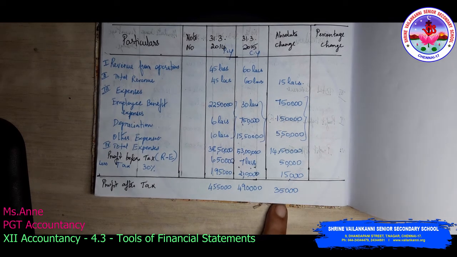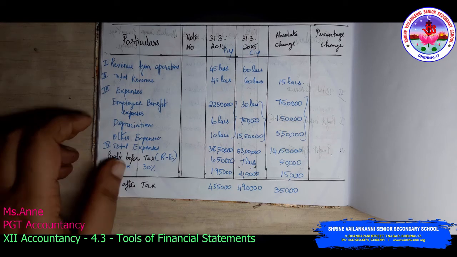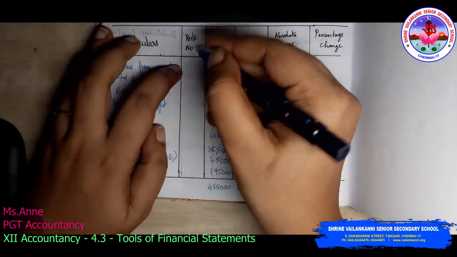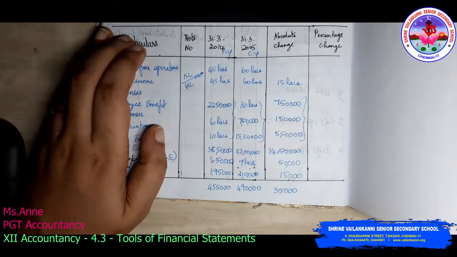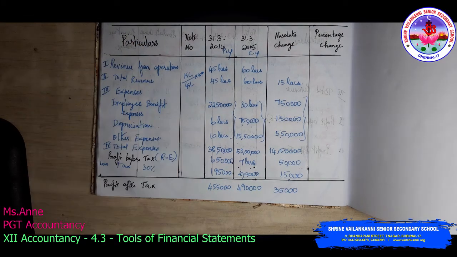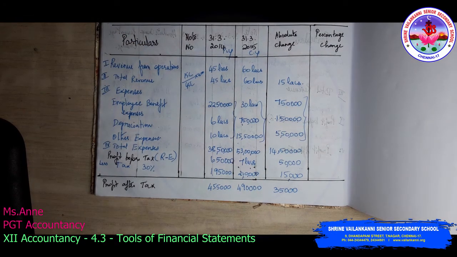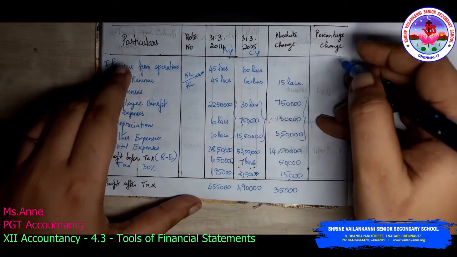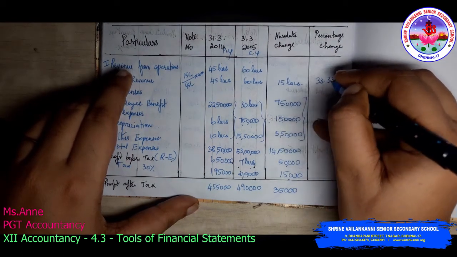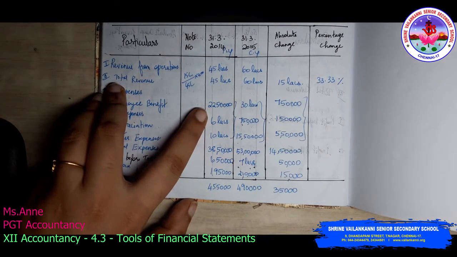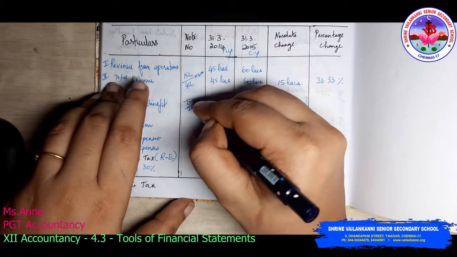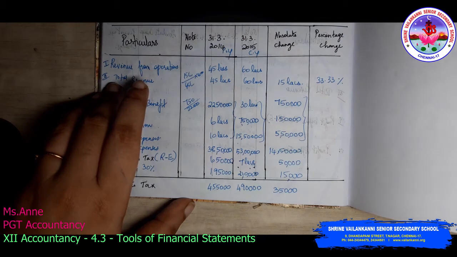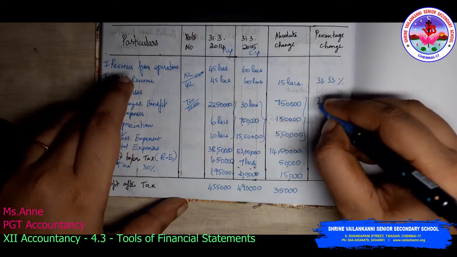Now we are going to find out the percentage change also. So percentage change is going to be 15 lakhs divided by 45 lakhs into 100. 15 divided by 45 into 100, I'm getting 33.33 percentage. And if I do this, 7.50 divided by 22.50 into 100, again I'm getting 33.33 percentage.